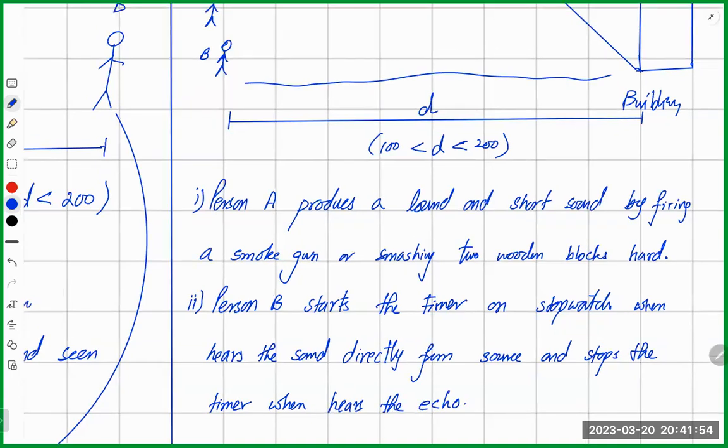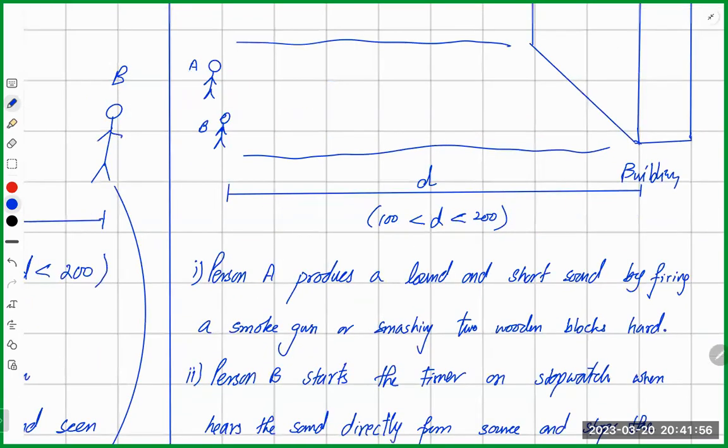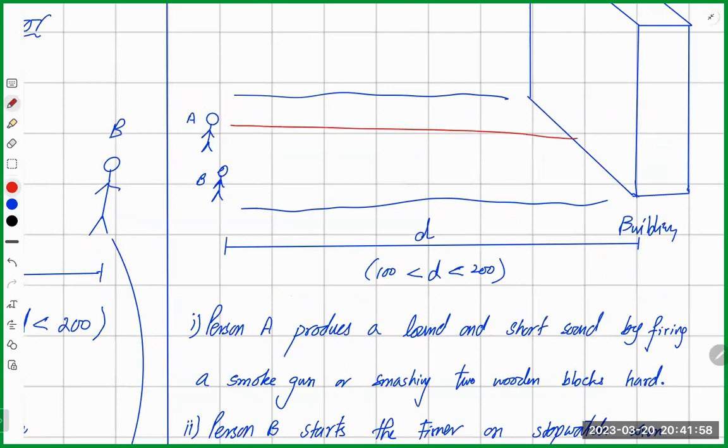What is echo? Echo is the reflection of the sound. So sound goes, hits the building, and then comes back. So how many times has sound traveled distance D? In this case, sound has traveled distance D 2 times.